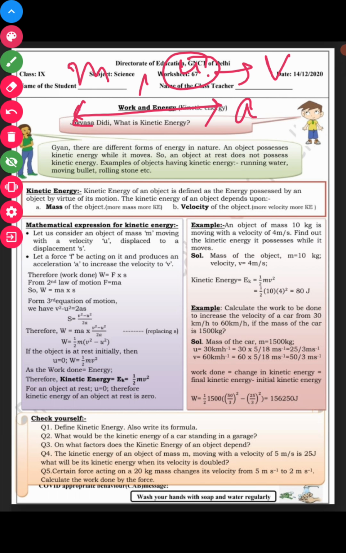So when force F is applied, it produces an acceleration to increase its velocity, as I told you. Therefore the work done is, we know, work done is equal to force into displacement.